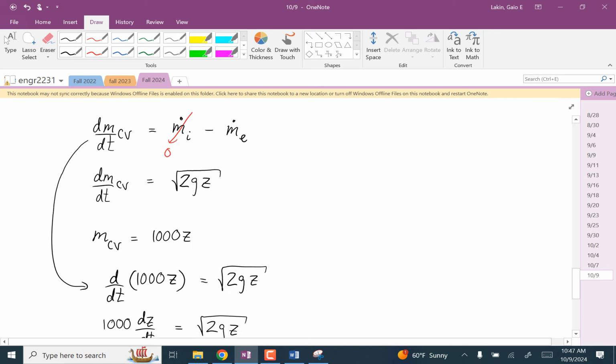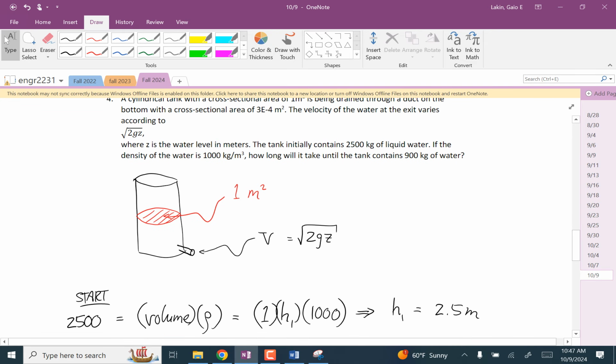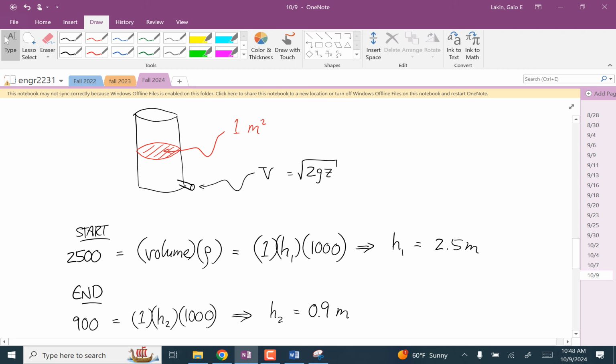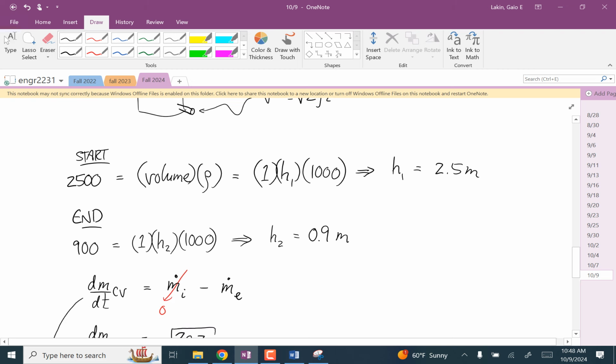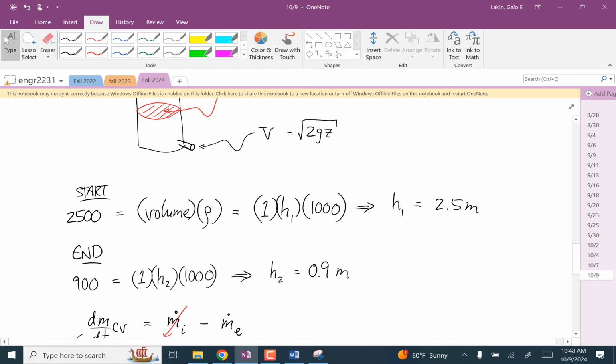Okay. Who wants to talk about any of these steps? Anybody confused on any of these steps? So you said that m dot was just square root of 2g over z. When I first did it, I did something different.